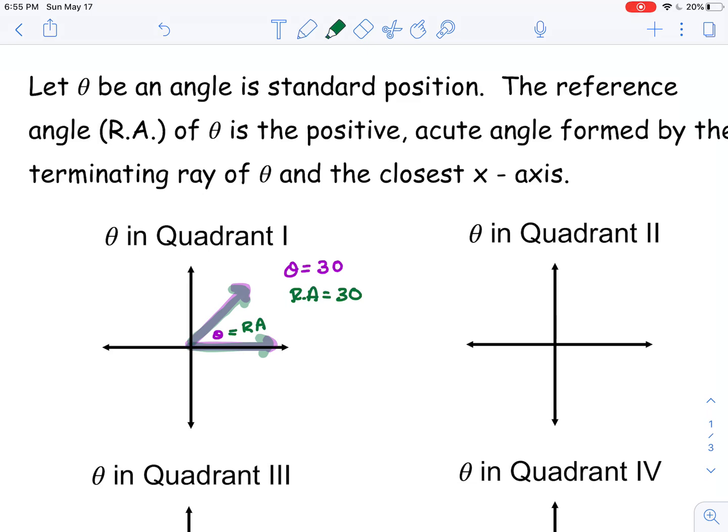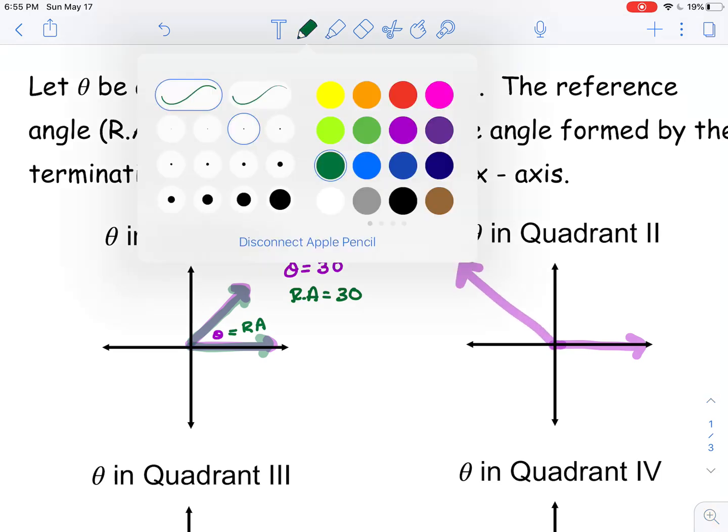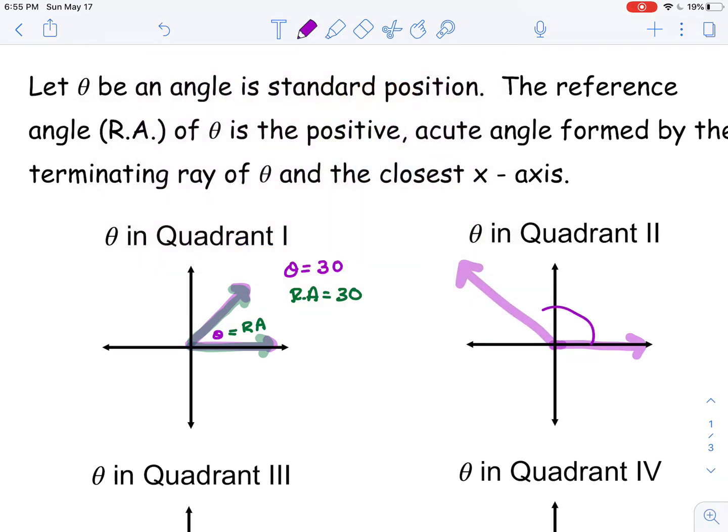Let's look at an angle in the second quadrant. So let's say I have an angle in the second quadrant. This is my theta. That's my angle. The reference angle is going to be the terminating side and the closest x-axis. Only the x, we're not looking at the y, so the closest x-axis would be here.